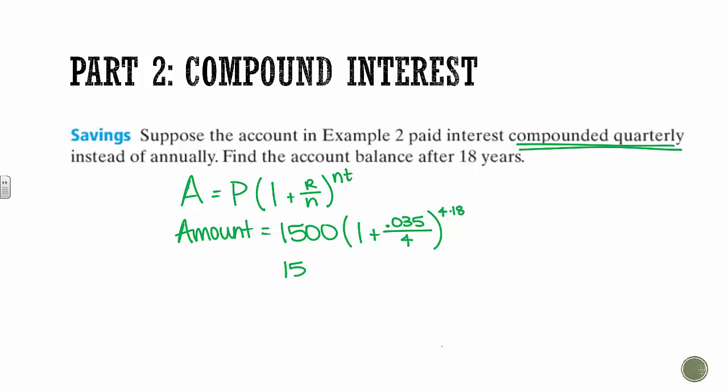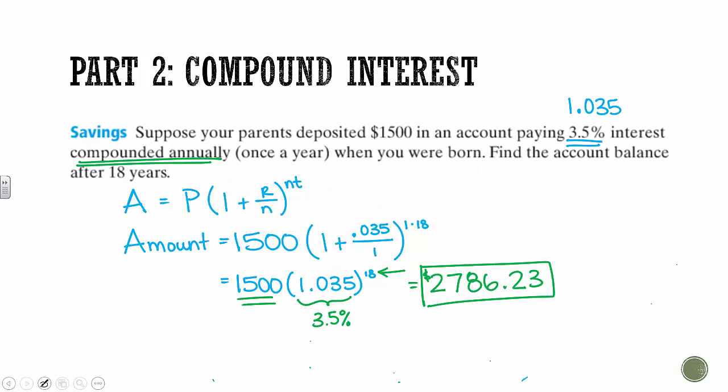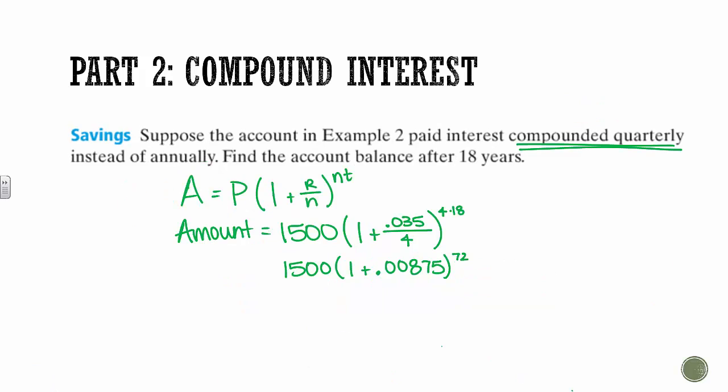So this stays the same for right now. And we get 1 plus 0.035 divided by 4 is 0.00875. And the power we want to take it to is the 72nd power. So if you notice from here to here, the exponent is way bigger, but the number to the exponent is way smaller.